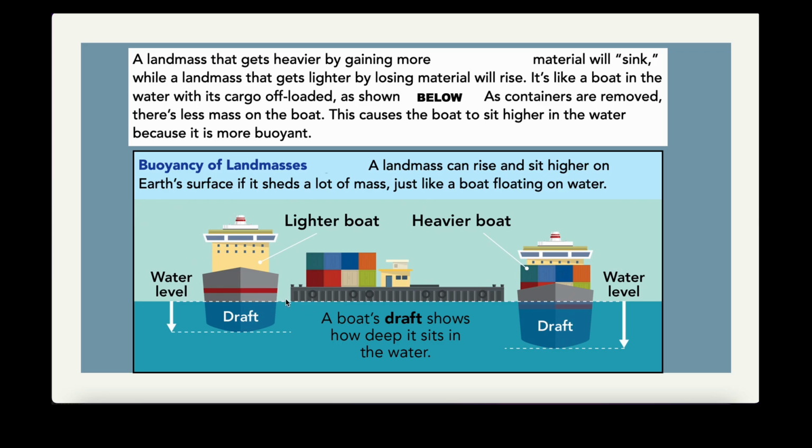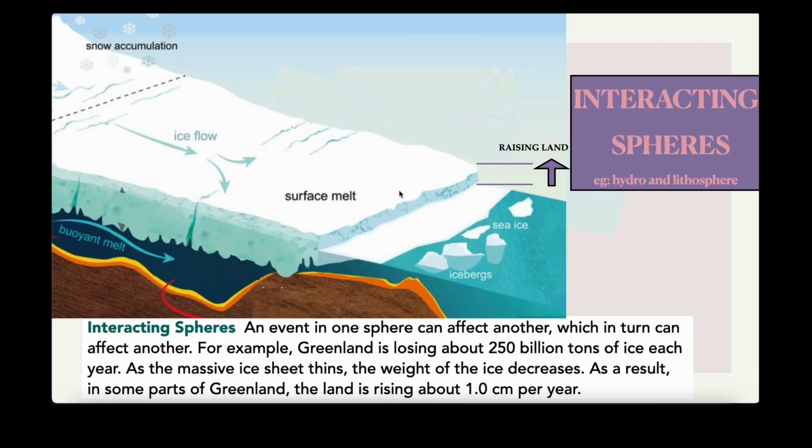As containers are removed, there is less mass on this boat. This causes the boat to sit higher in the water because there is more buoyancy. If there is more load in the boat, it sits a little lower in the water, yes? If there is less load, then the boat is going to sit a little higher. So it's the same concept here. Since the weight, the load of this ice is low, the land is going to sit higher.